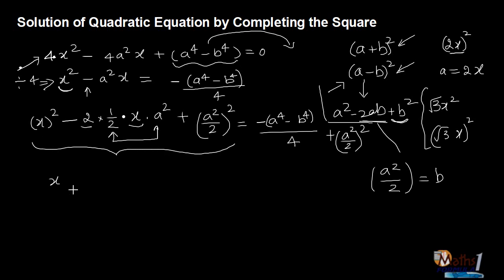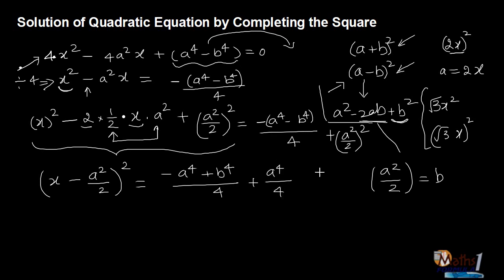A in this case is x, minus b is a square by 2 whole square, equals, on the right hand side, minus a to the power 4, I'll open the bracket, b to the power 4 divided by 4, and a square is, no sorry, that's not minus, that is plus, and a square by 2 whole square is a to the power 4 over 4. I'm squaring both numerator and denominator.